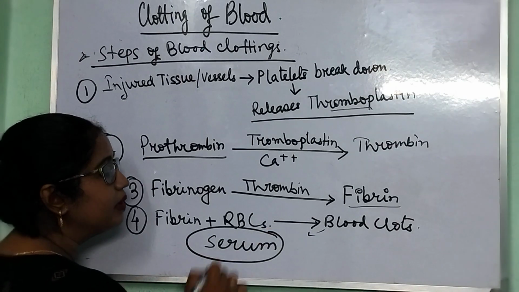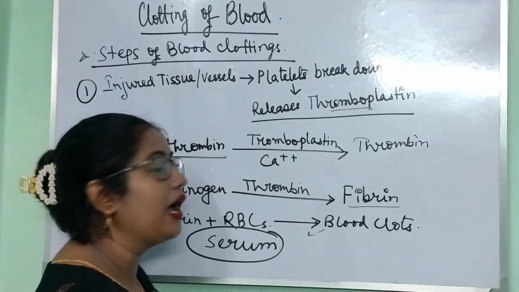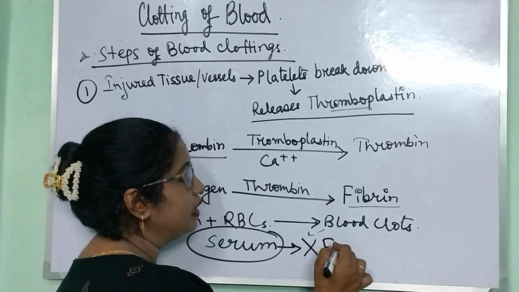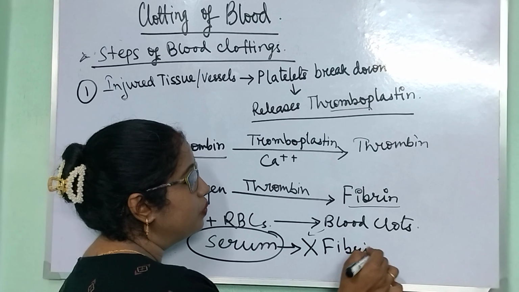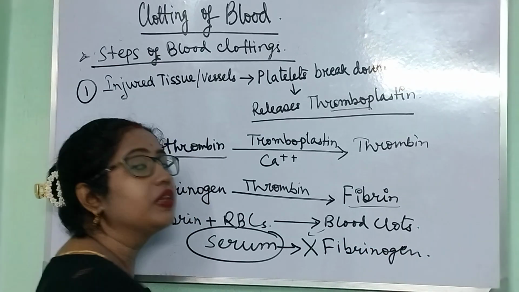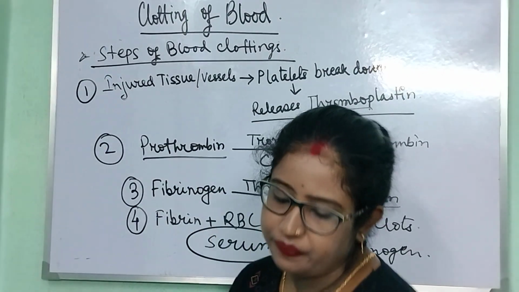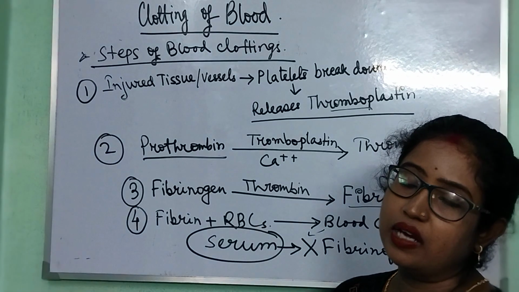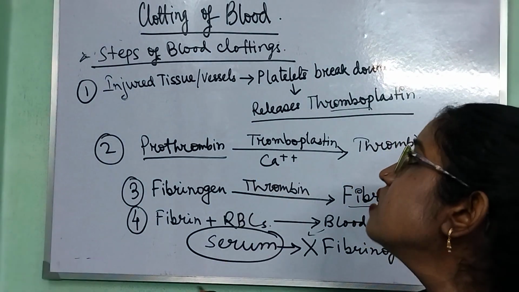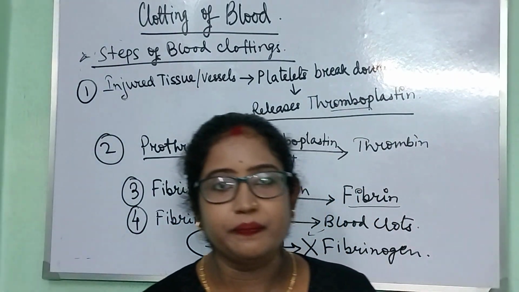Serum is nothing but the plasma content of blood, but it doesn't have any fibrinogen. So serum is the yellowish fluid that comes out when the blood clots. So these are the steps of blood clotting.